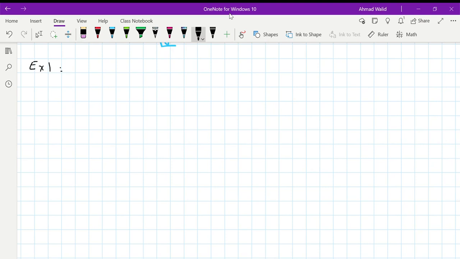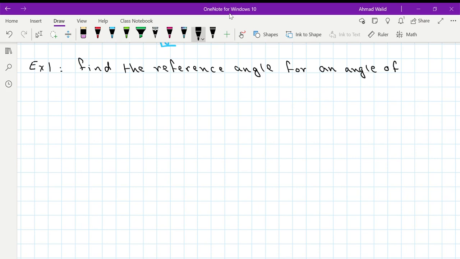Find the reference angle for an angle of 218 degrees. They are asking you to find the reference angle for 218.